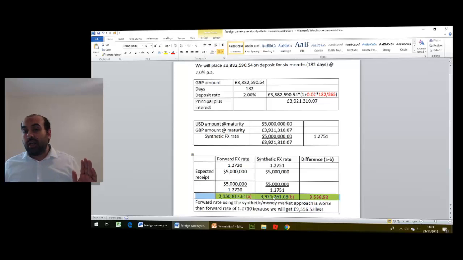You can see that using the effective forward rate or synthetic forward contract, we will receive less sterling by 9,556.53. In this particular example, you can see that it is more effective to use a forward contract to hedge exposure against the adverse rate movement.